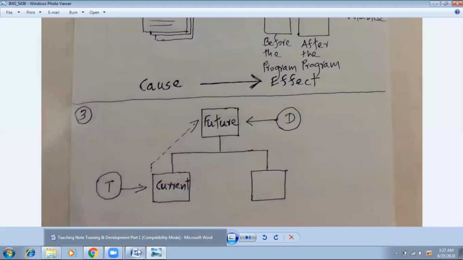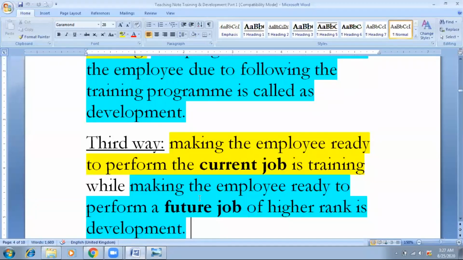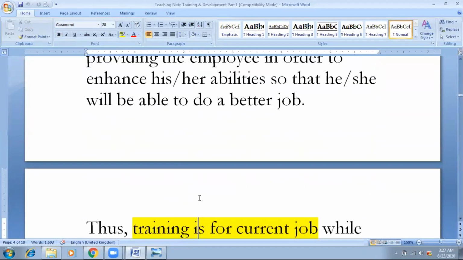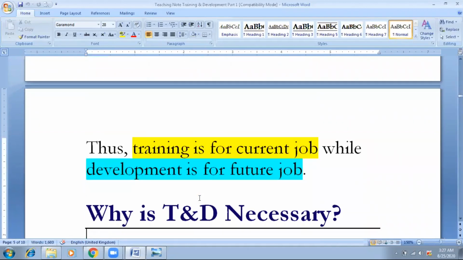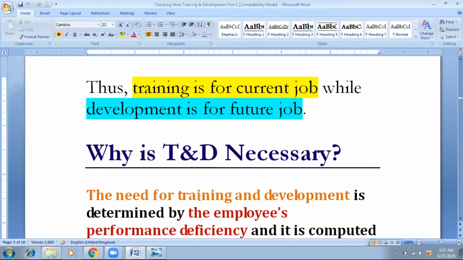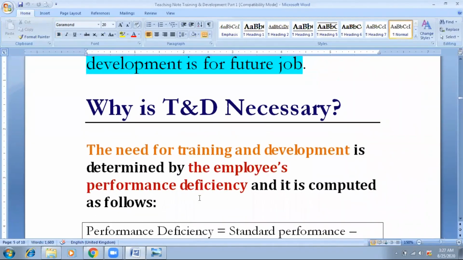Okay. Right. Now, why is training and development necessary? So these two words we consider as one term, right?